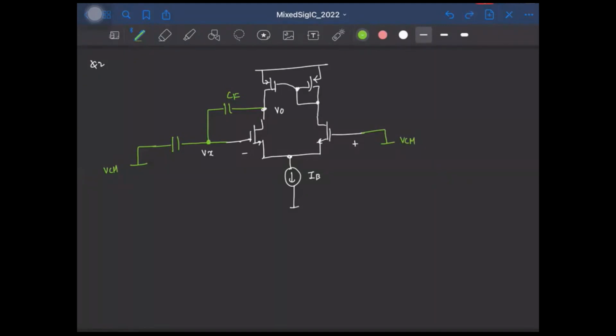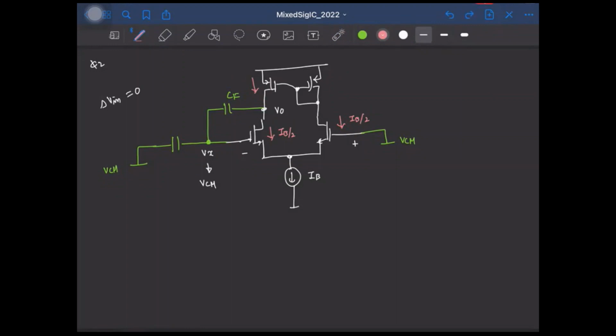First, let's assume that we have zero input, that is delta Vin is 0, right? So Vx will remain at VCM, and this is also at VCM. So both these gate voltages are at VCM, which means the currents in these two transistors will split equally, and it will be IB/2, right? So the same current here will flow here, and it will get mirrored in this PMOS branch. So we'll have the same current, IB/2, right?